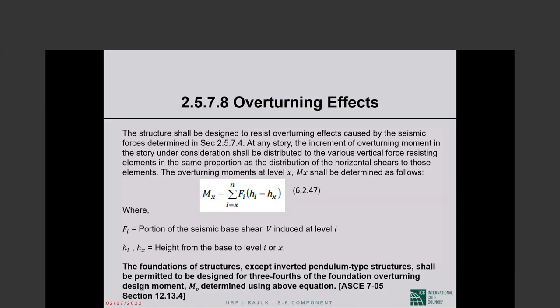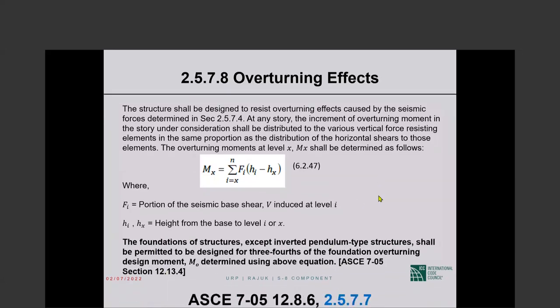So this is a fairly significant break that you get. Foundation design does not have to be for the overturning moment at the base, at the soil foundation interface. You can take a 25% discount on that. And this is in ASCE 7-05 as well, section 12.13.4. This discount for foundation design.